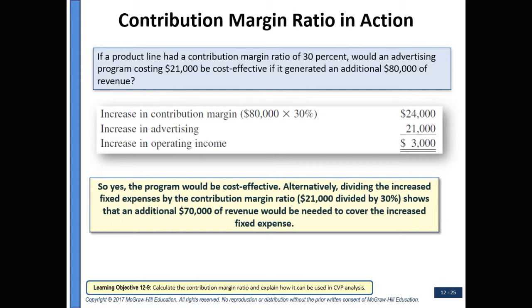We are expecting $80,000 of revenue, so we know that this would be an affirmative type of decision.